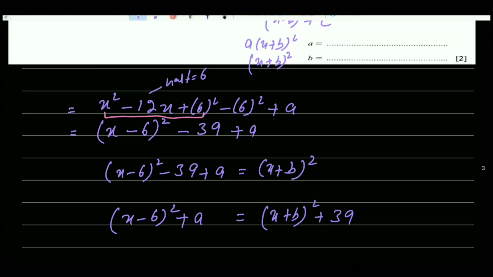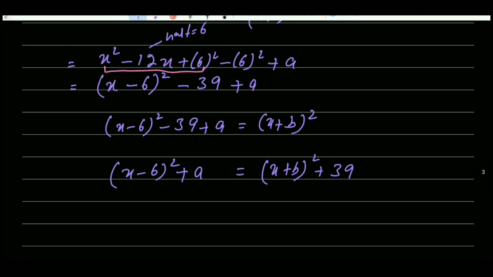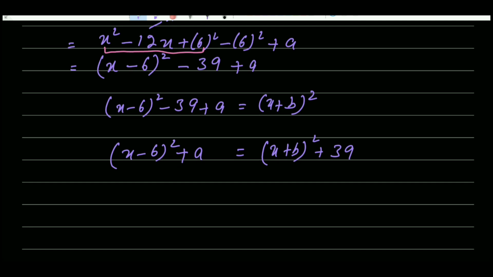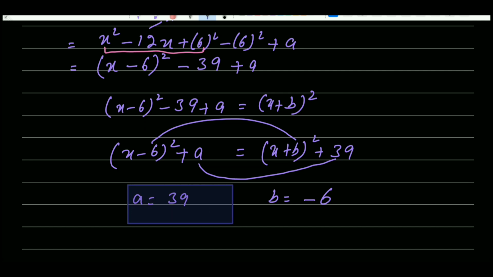By comparing, we can see that we are going to find the values of a and b. This is how we compare. The value of a is 39 and the value of b is negative 6. So a is equal to 39 and b is equal to minus 6. This is how we will solve this type of question.